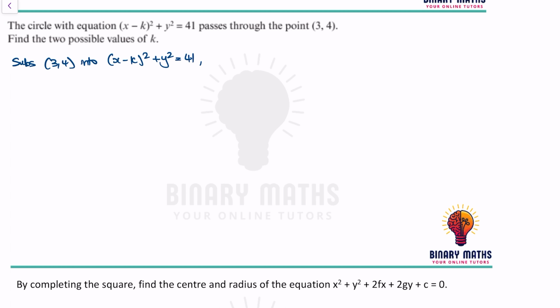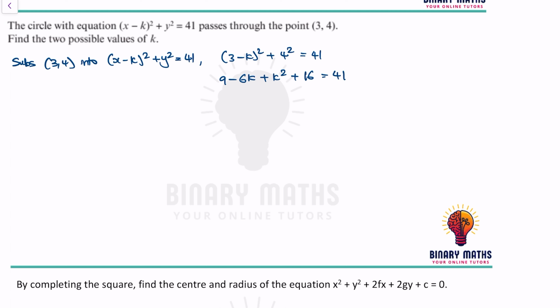So when we substitute in, I end up getting (3 − k)² + 4² = 41. If I expand the (3 − k)², I get 9 take away 6k plus k², plus 4² is 16, is equal to 41.